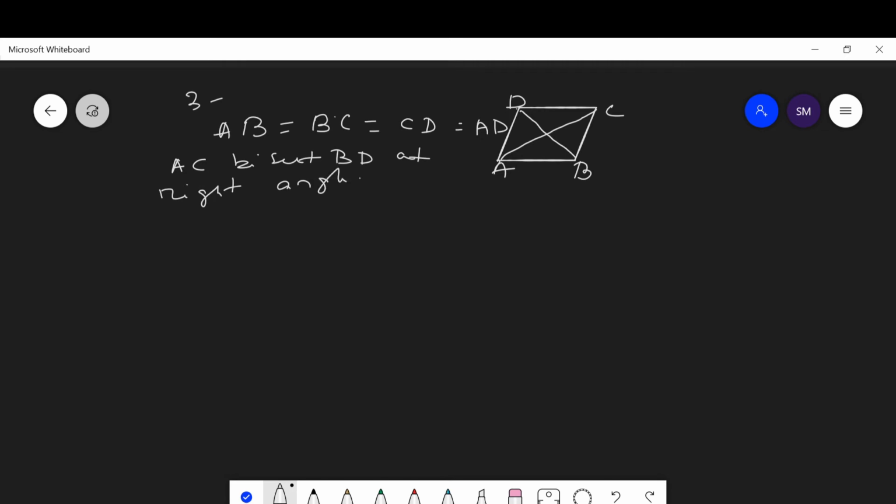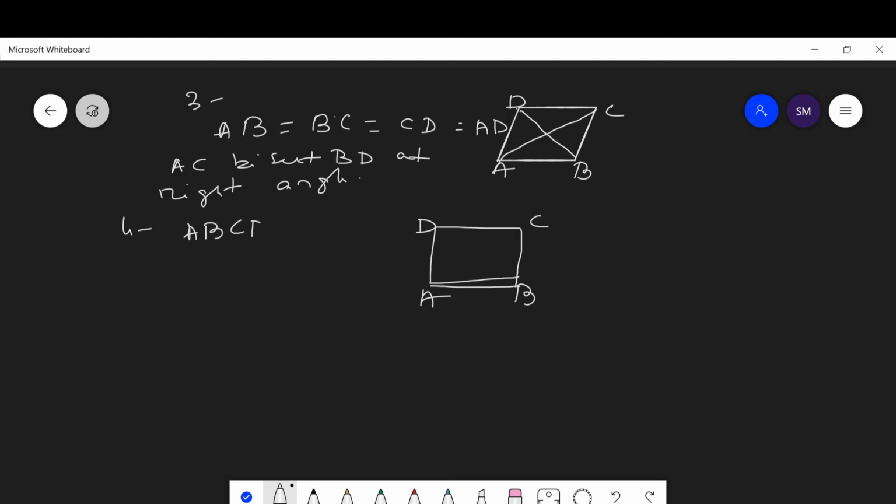Okay, now let us discuss the properties of a square. Here suppose ABCD is a square.